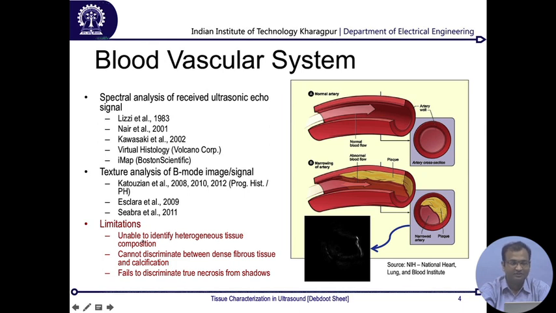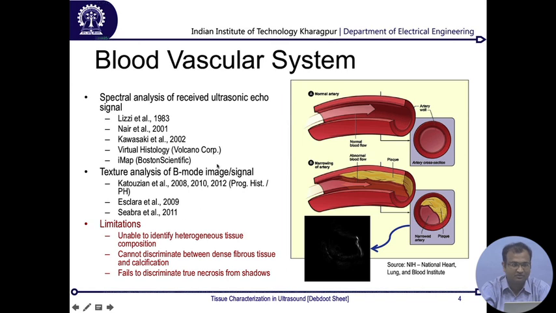Our body never has a pure tissue: if I say there is fatty tissue, there would be some fibrocytes and some epithelial cells as well. So you need to identify the coexistence, or relative co-occurrence, of these mixed heterogeneous tissues, and none of that is possible with these prior methods.